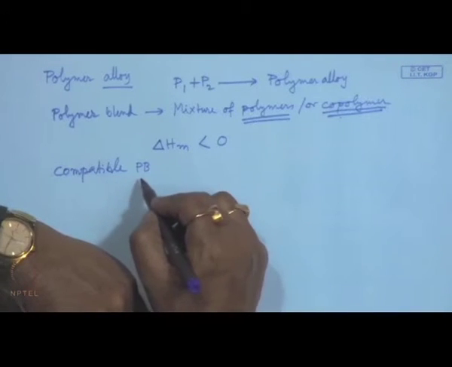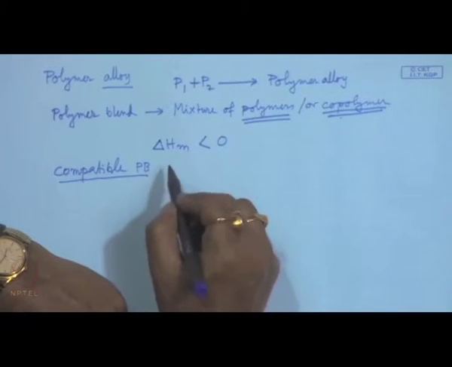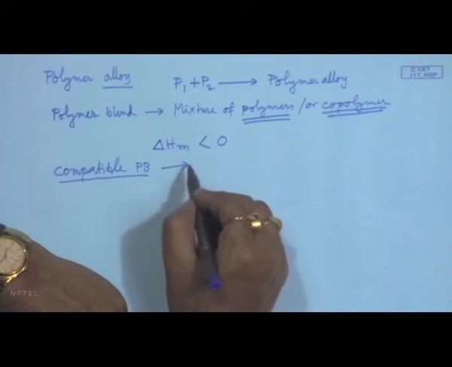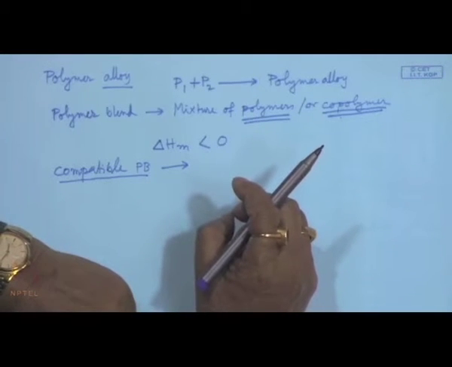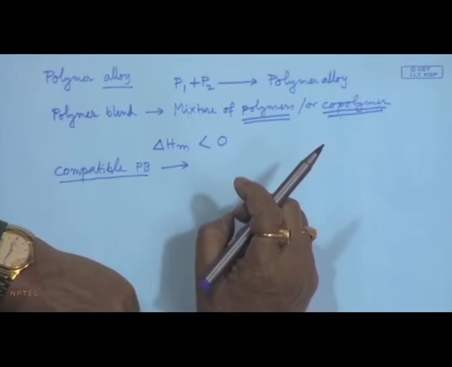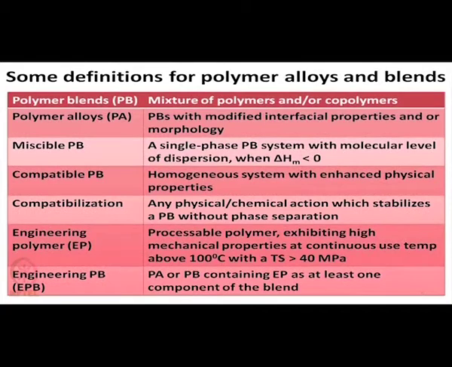That leads to a compatible polyblend, and it can be considered as a homogeneous system with enhanced physical properties, that is, intimately mixed, molecularly mixed to form a homogeneous solution, a homogeneous mixture.